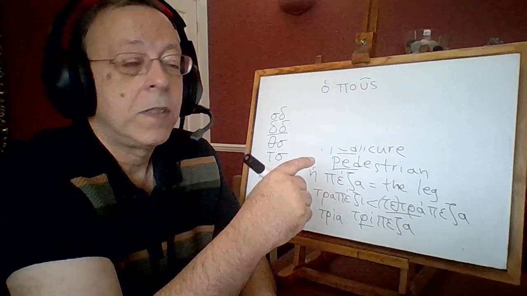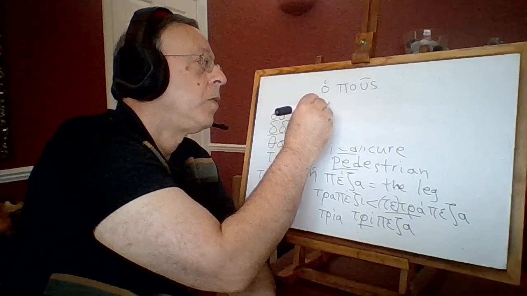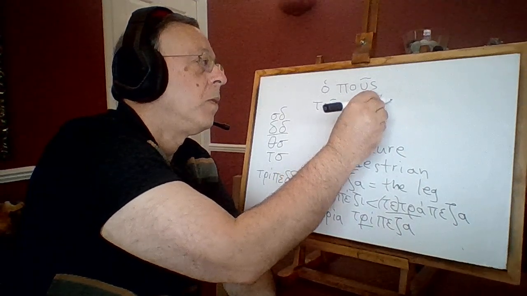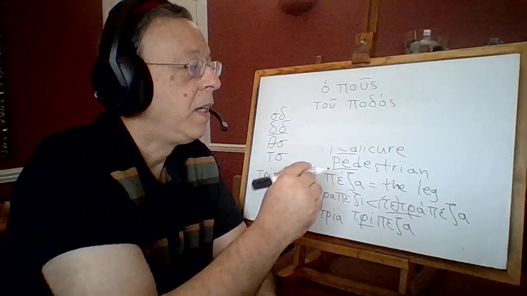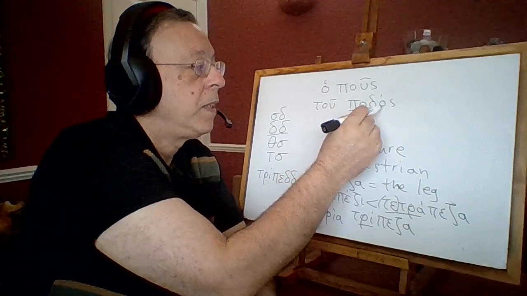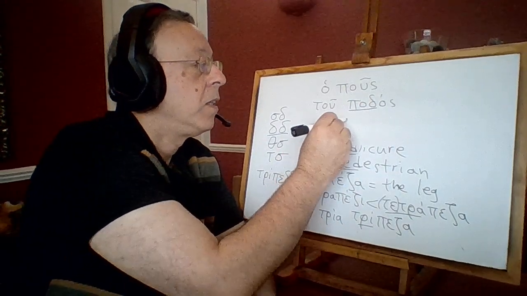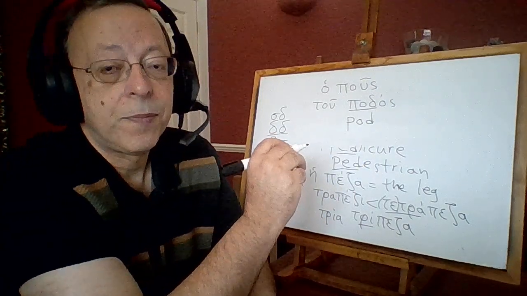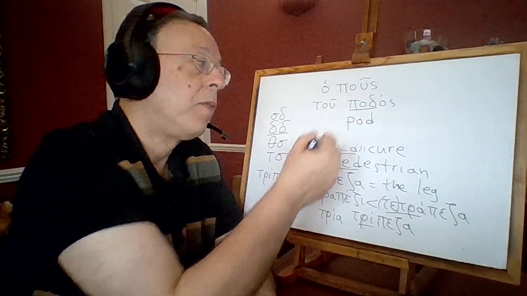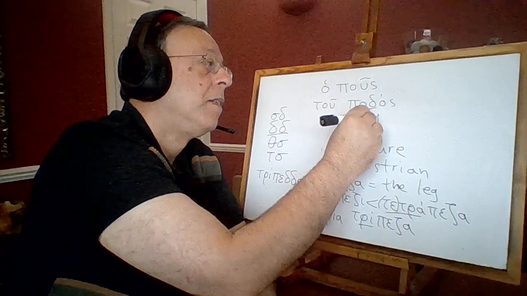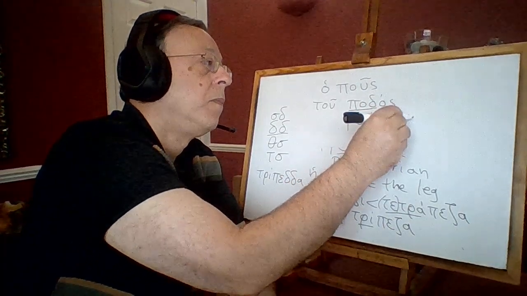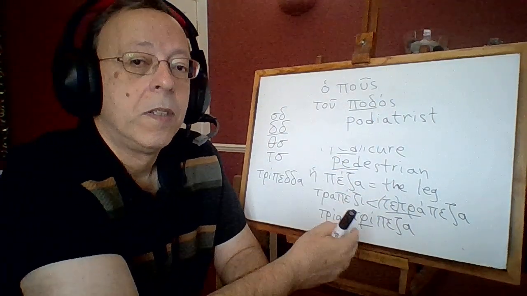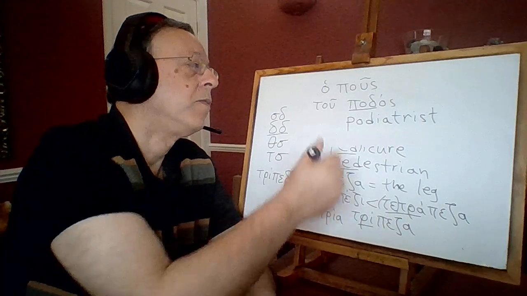The genitive of this word was this one, podos. The stem here is that. This is the ending. So in Latin, we have that. And from that, we get podiatrist, the doctor for the foot or the leg.